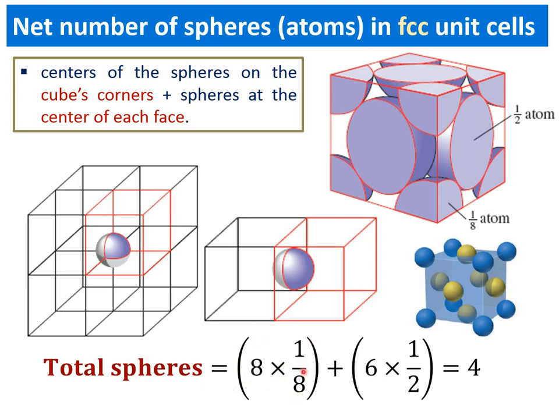This is 8 times 1/8. Also at the faces, we have 6 atoms, but every atom at the face contributes half an atom. So overall, for face-centered cubic, we have 4 atoms.